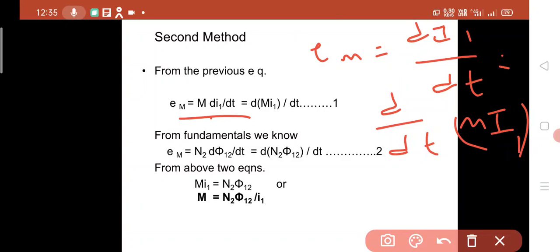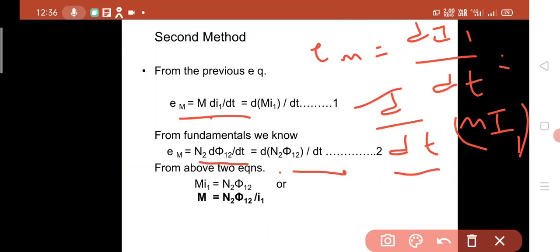The mutually induced EMF e_M is equal to N2 into d phi12 by dt, so d by dt of N2 phi12. This is equation 1 and this is equation 2.